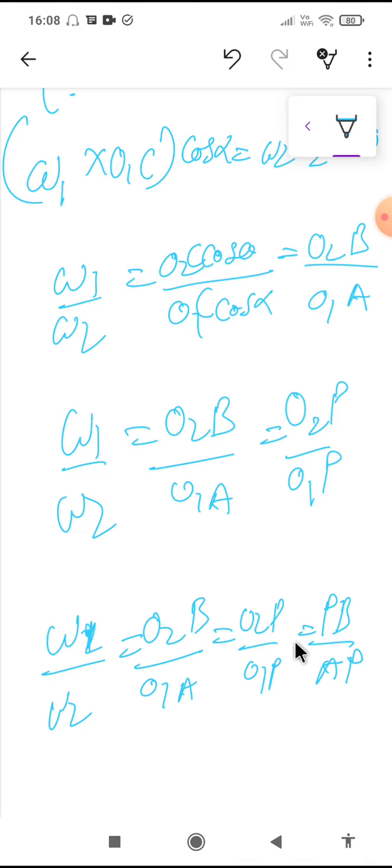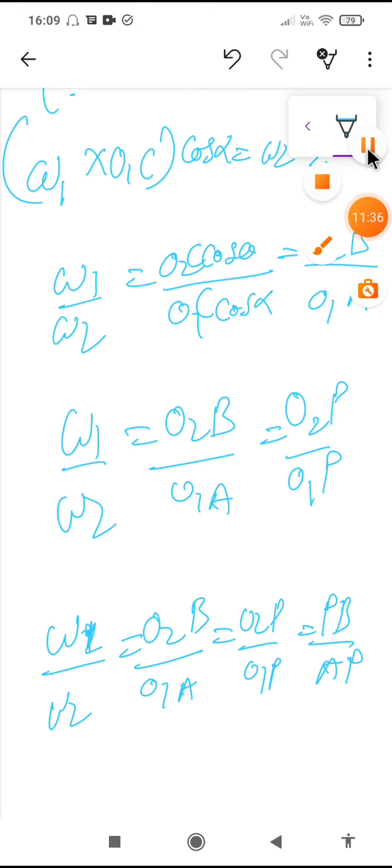So from this we can conclude that the angular velocity ratio is inversely proportional to the ratio of the distances of the point P from the centers O1 and O2. So if it is desired that the angular velocities of two gears remain constant, the common normal at the point of contact of teeth must always pass through a fixed point, and this fundamental condition is the law of gearing, which must be satisfied while designing the profiles of teeth for gears. So this is the law of gearing.